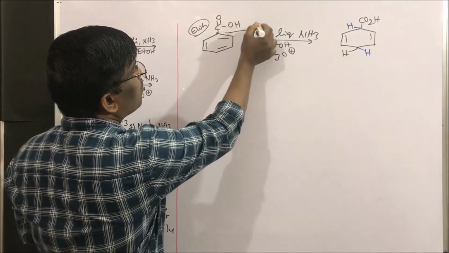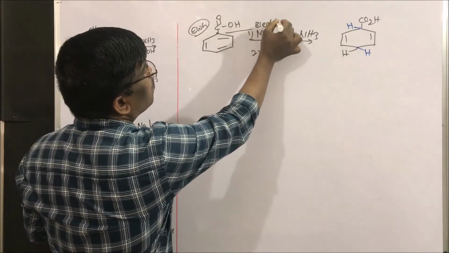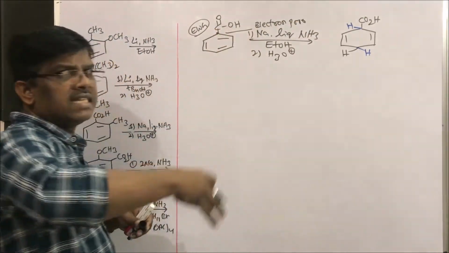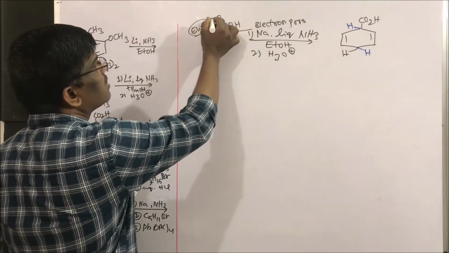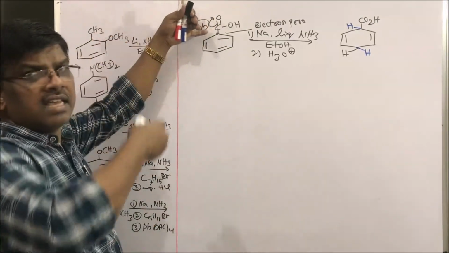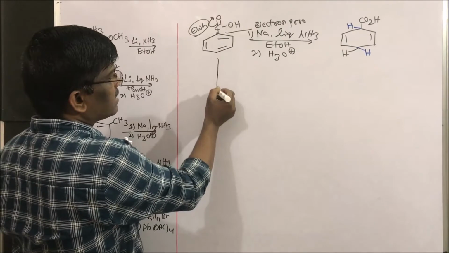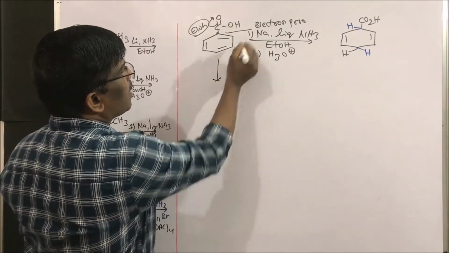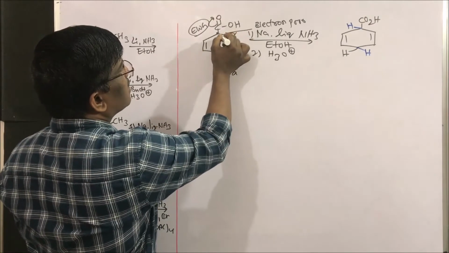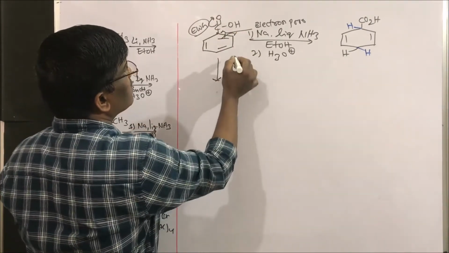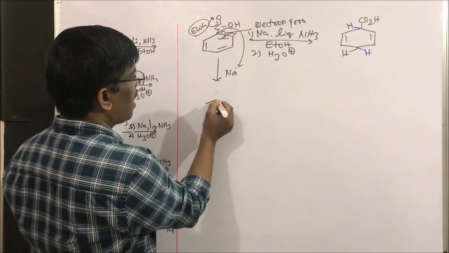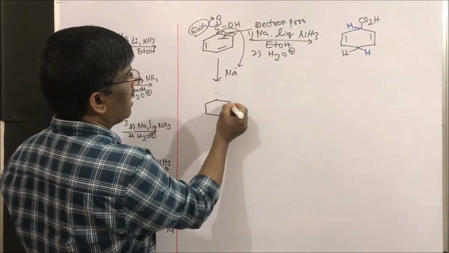It is electron poor, because the electron density is pulled by this oxygen, so it can easily accept an electron from the metal to give a radical anion.